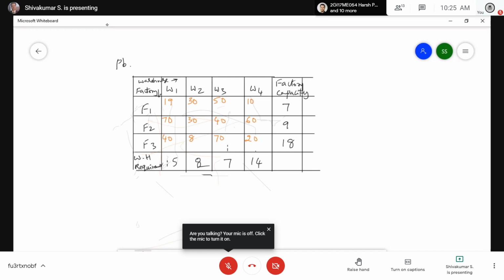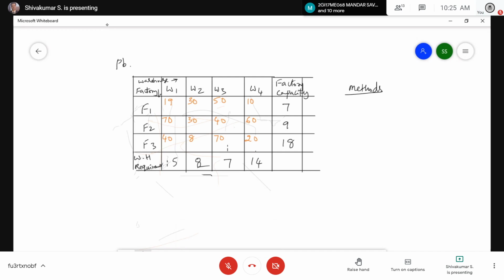So there are many methods here to solve the transportation problem. One is the northwest corner method, also called the stepping stone method.